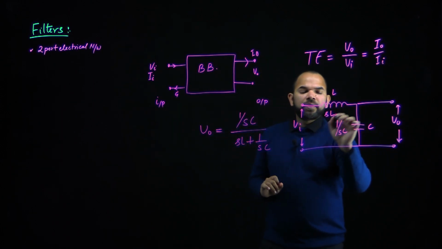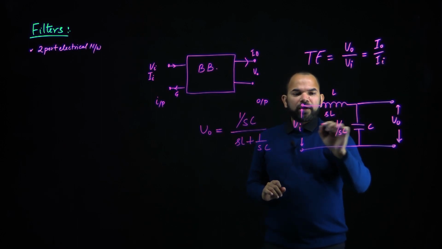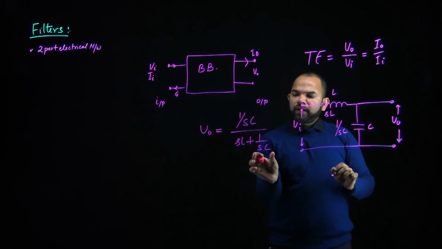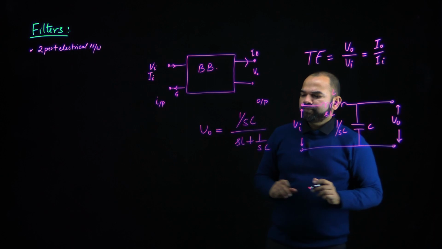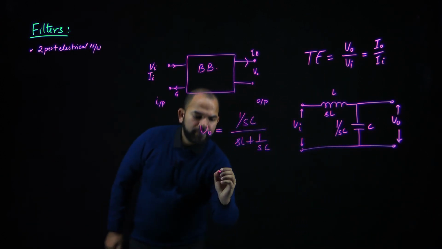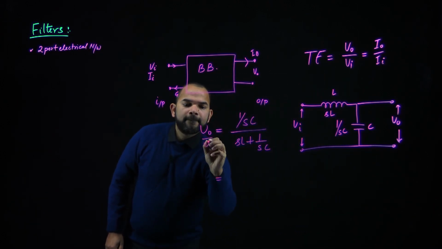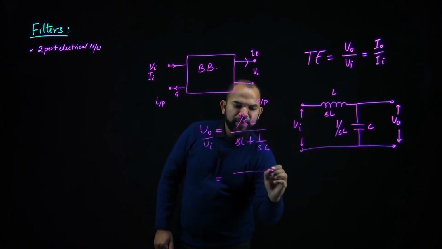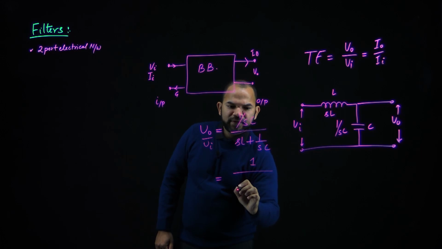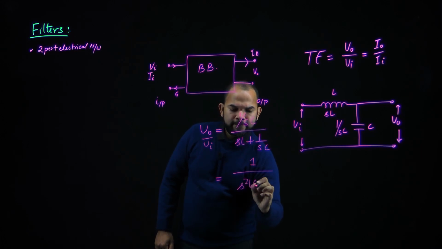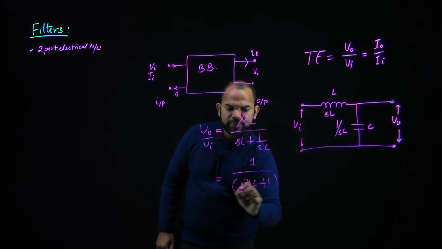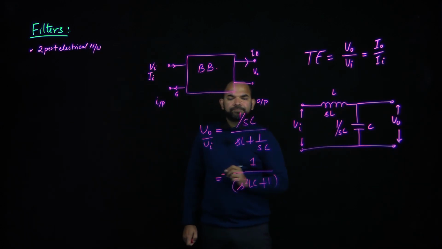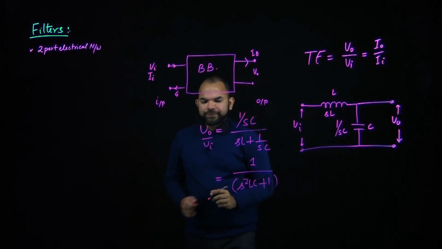So the reactive impedance by inductor is SL, and the reactive impedance by the C is this. So if we solve this equation, we can find this can result in a transfer function like this.